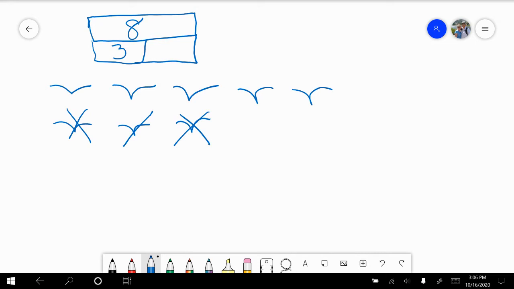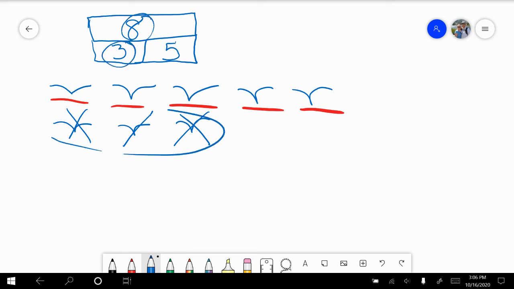How many birds are left? 1, 2, 3, 4, 5. So 8 minus 3 equals 5. There are 8 birds. 3 fly away. 5 birds are left.